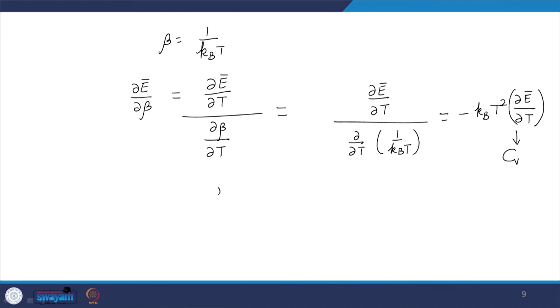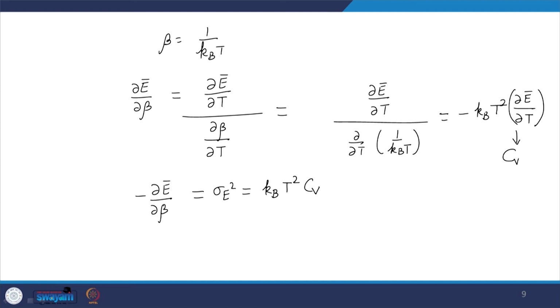In this case, fluctuation refers to the specific heat. So, essentially my sigma E square goes like kB T square Cv, because sigma E square was actually equal to minus dou E bar by dou beta.